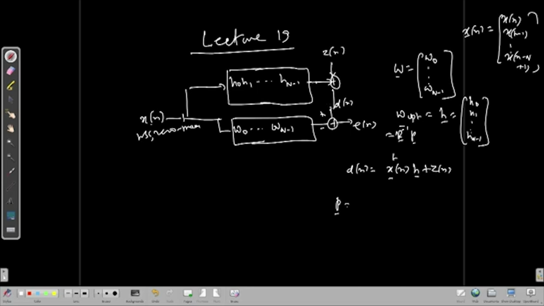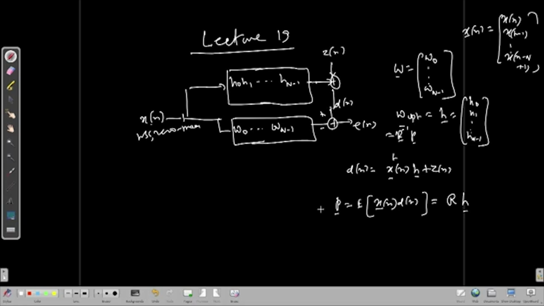So, P is E of Xn Dn. As we saw in the previous class, if I replace Dn by this, the term E of Xn with Zn will be zero, because they are statistically independent, each having zero mean. It will be E of Xn into E of Zn, each zero mean, gone. So, you will be left with E of Xn Xn transpose H, which is R H. Now, suppose right now I have some H vector.